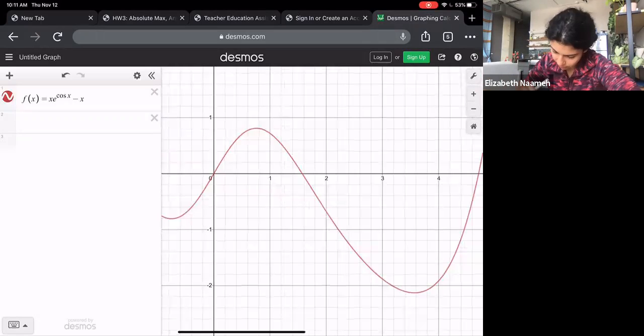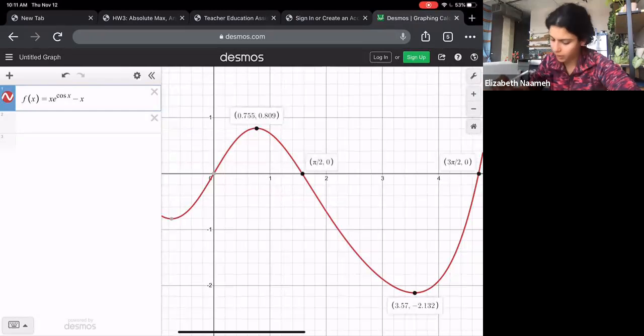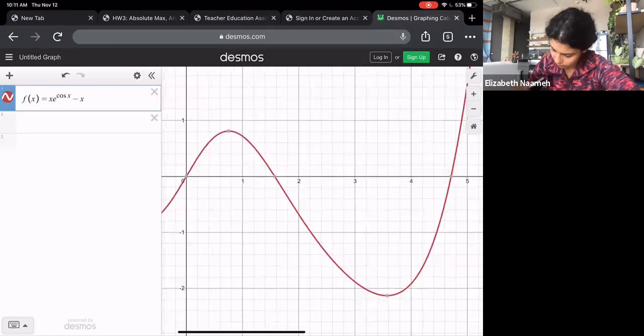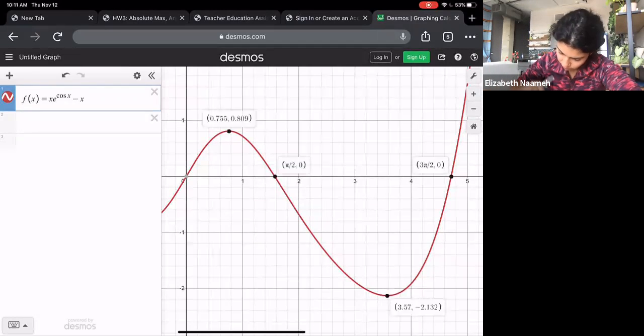Let me put them back. 0.75, pi over 2, 3.57, and 3 pi over 2. And I'm going to take a screenshot.